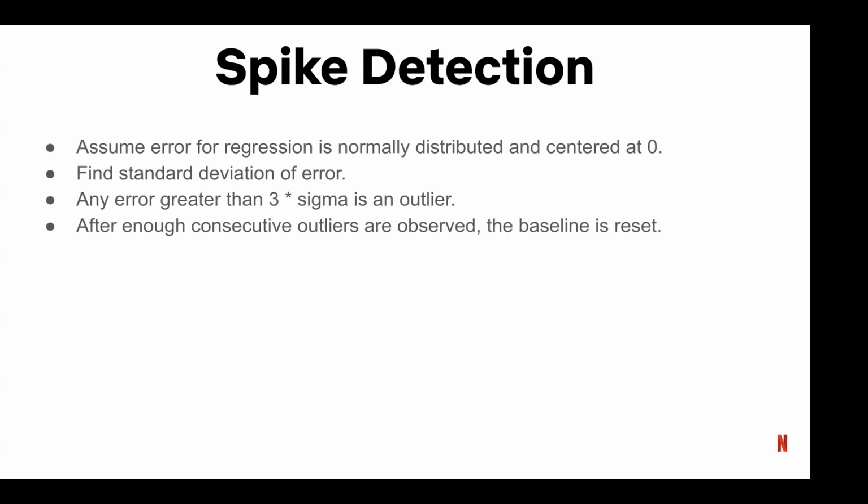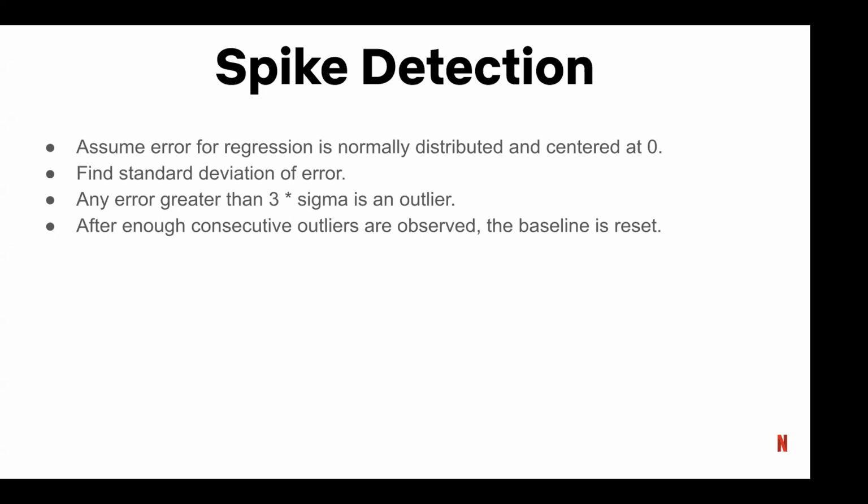So we do this by assuming that a good regression function has an error in its predictions that is normally distributed and centered at 0. We find the historical error of the regression function, and we take the standard deviation of the historical errors.